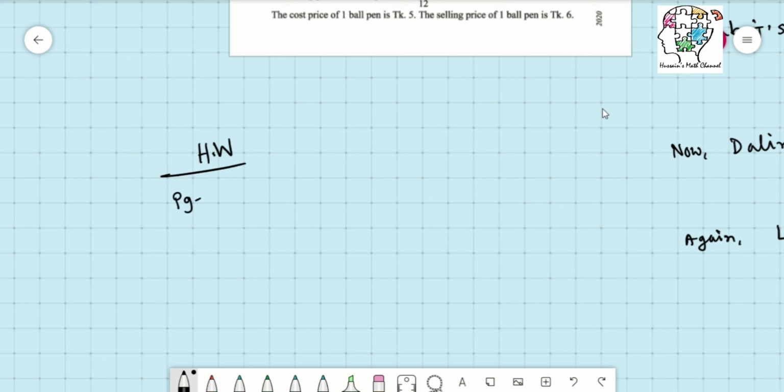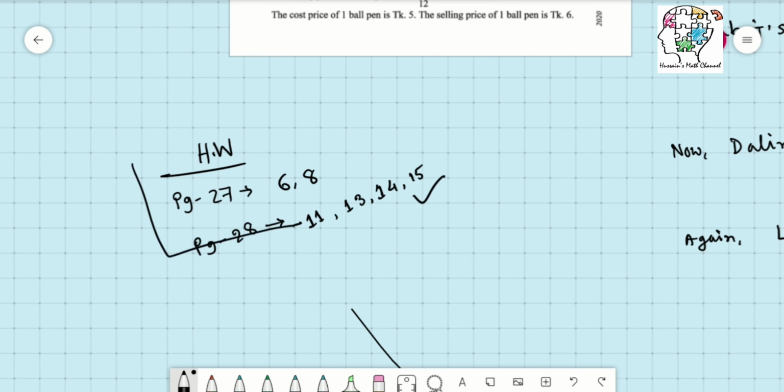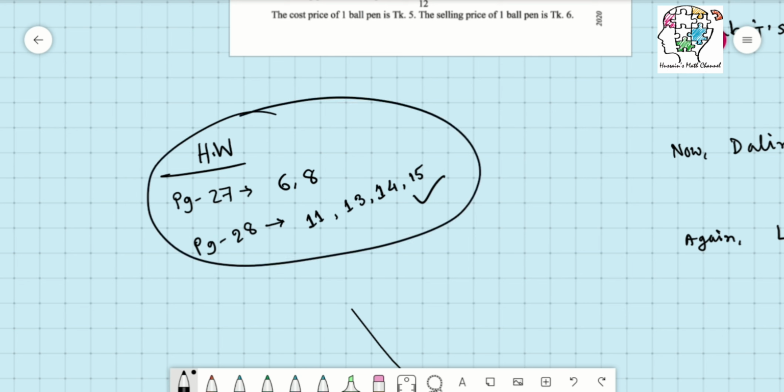From page number 27, you will solve question number 6 and 8, and from page number 28 you will solve 11, 13, 14 and 15. Alright, in total there will be 6 HW for you.